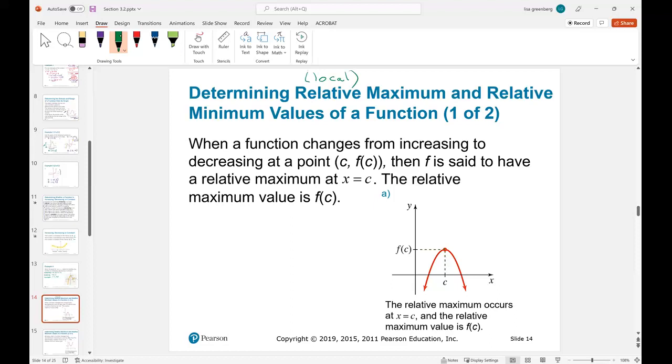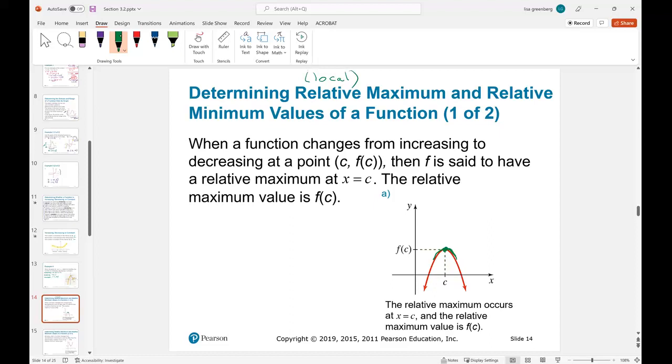For example, here, my maximum is right at this point, which I just made in green. I know it starts by increasing and then goes decreasing, which means I have a maximum value. This is a relative max.